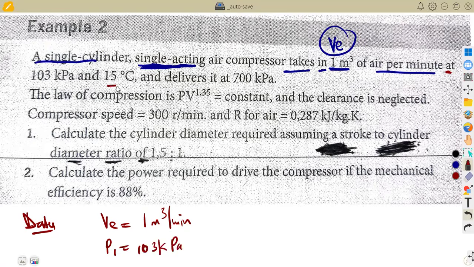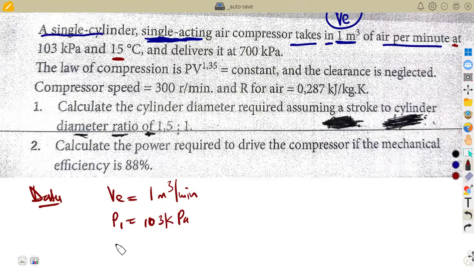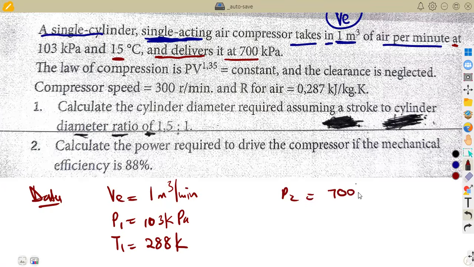The temperature is 15, so 15 plus 273 is 288. So the temperature is 288 Kelvin. And it delivers at a pressure now of 700 kilopascal.